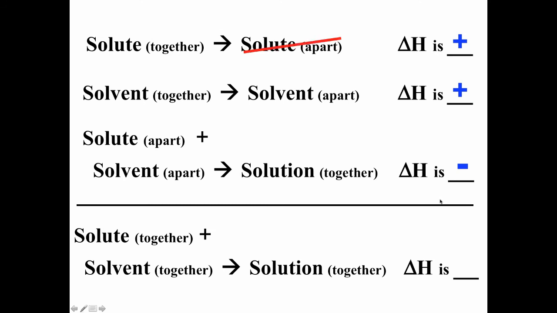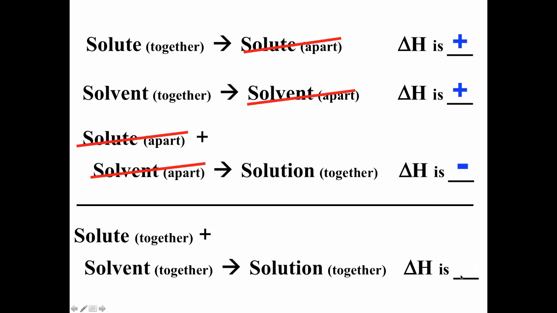And note that we can add up these three equations, and we make solute apart, but then the solute apart contributes to make solution. We make solvent apart, but then it cancels out with solvent apart to make solution. And if we add these three equations together, then we get solute plus solvent makes solution.